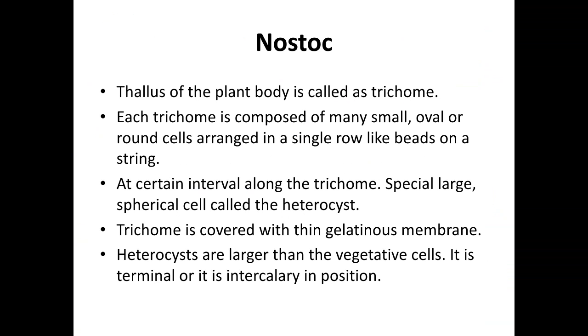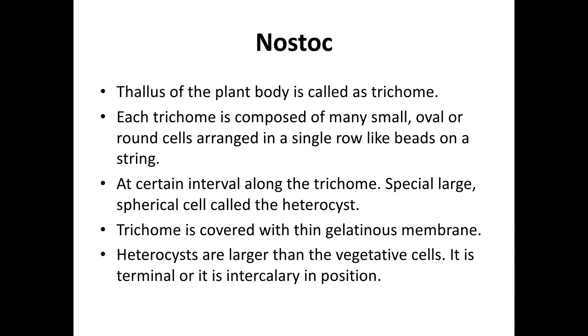At certain intervals along the trichome, special large spherical cells are there. These large spherical cells are commonly called heterocysts. Now these heterocysts are H-shaped bodies. They are present within the trichome or filament.